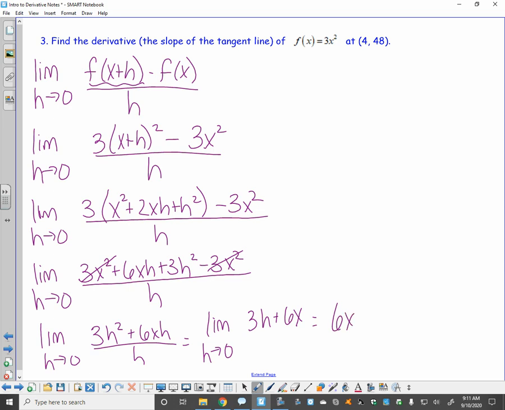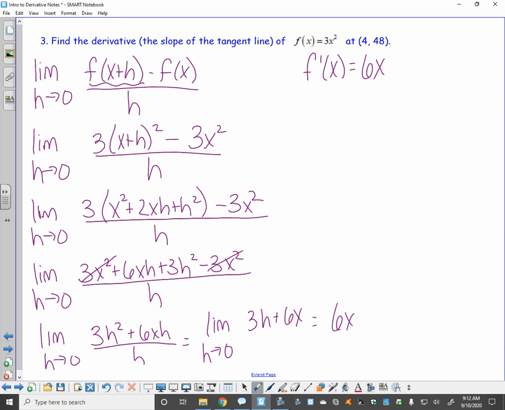I get a 6x. Okay, so think about who that is. That is your derivative. It is f prime of x. If f of x is 3x squared, f prime of x is 6x.